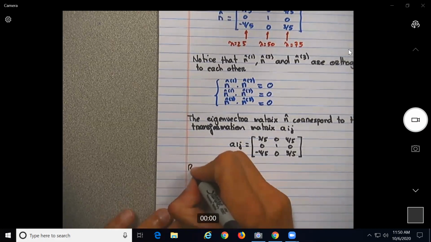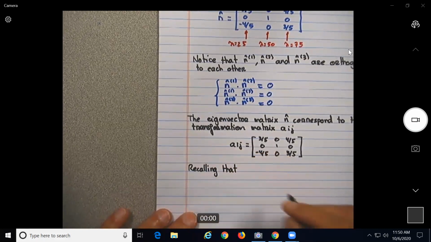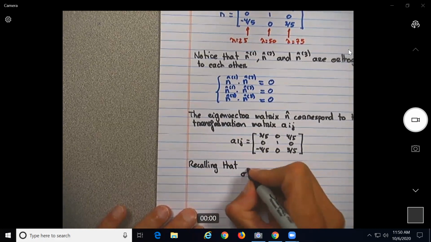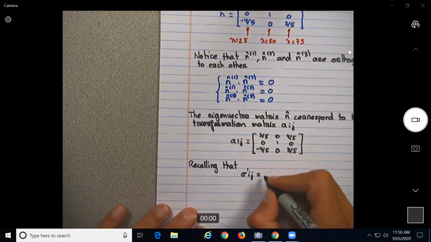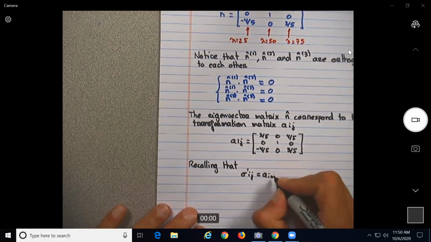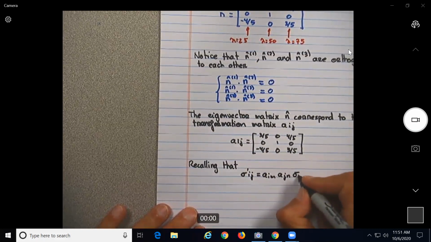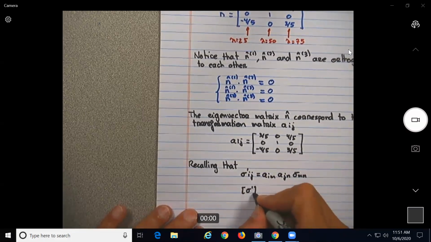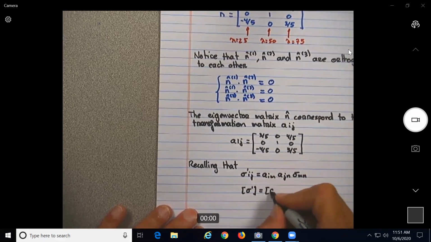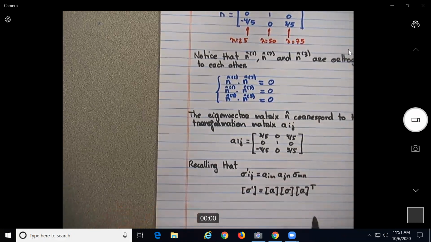So recalling that the transformed stress sigma ij is equal to A_im A_jn sigma_mn, or in matrix form, which is the one I wanted to write really, is equal to matrix A times the stress state times the transpose of the other one.